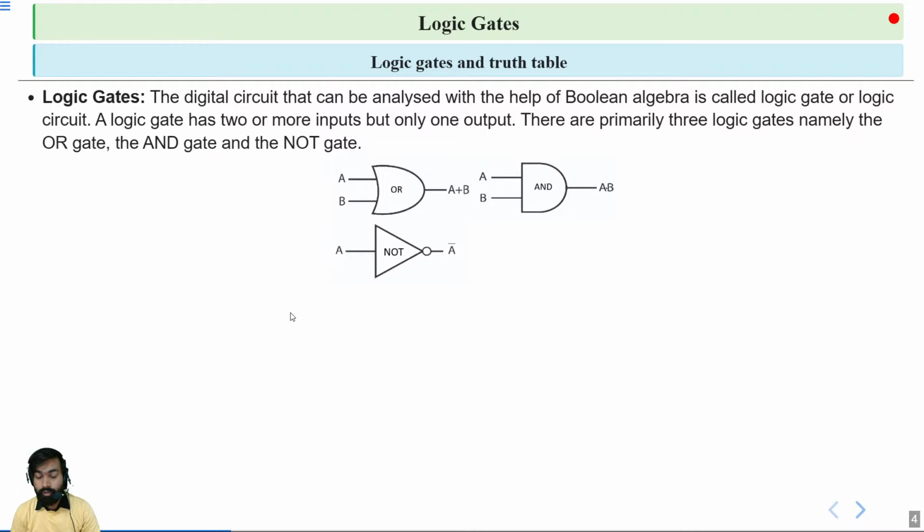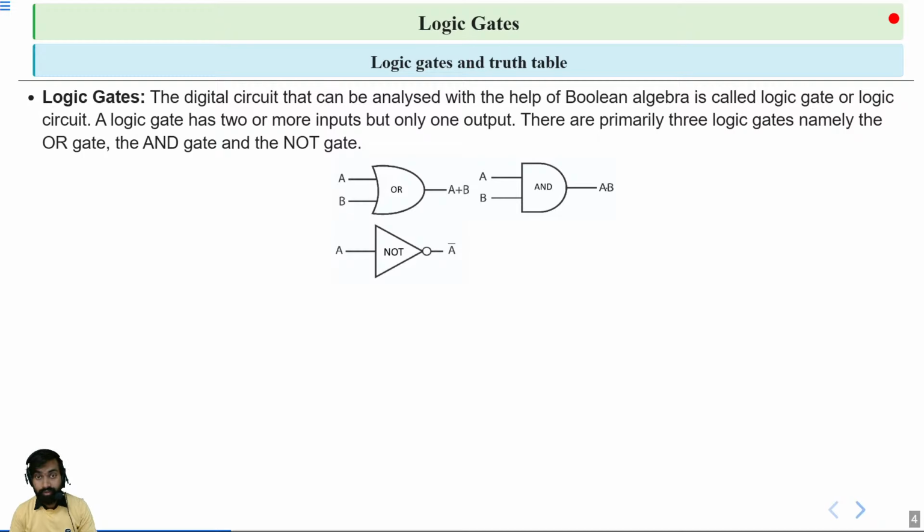So now we will discuss logic gates and truth table. Here a question arises: what is a logic gate? Think about it. We can say a logic gate is an electronic digital circuit that performs a specific logical operation on one or more binary inputs to produce a single binary output.